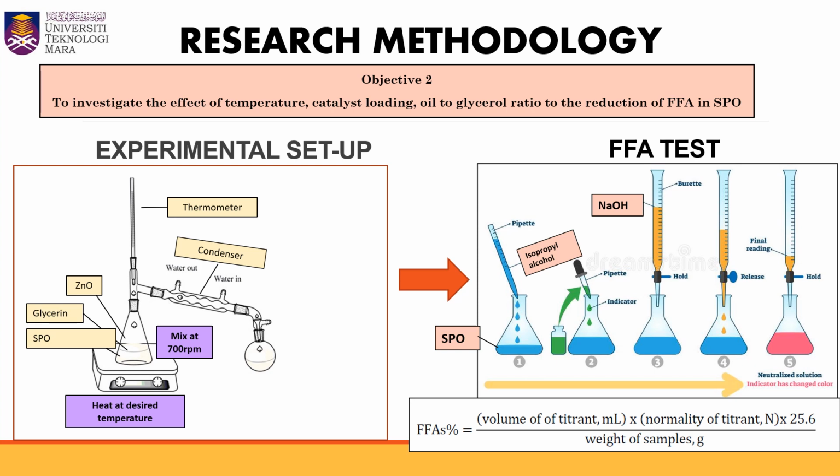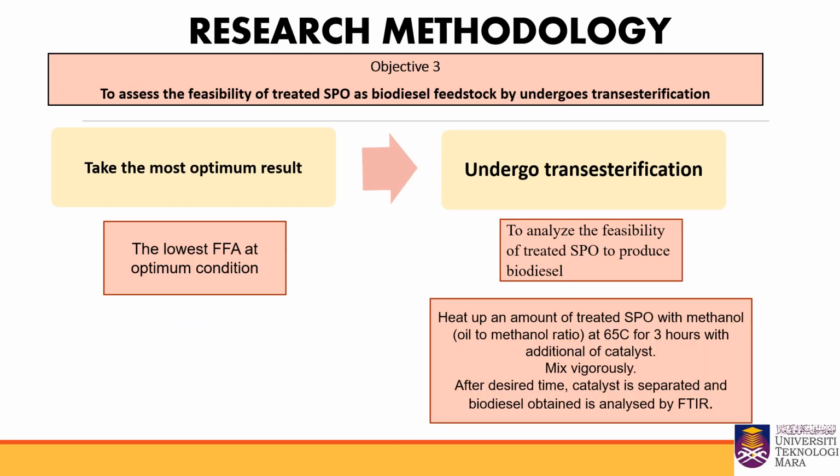The thermometer is to monitor the temperature at the desirable temperature. And then every hour, we will do the FFA test by using the titration method, with sodium hydroxide. Once it goes pink, we will record the value and calculate the FFA using this calculation.